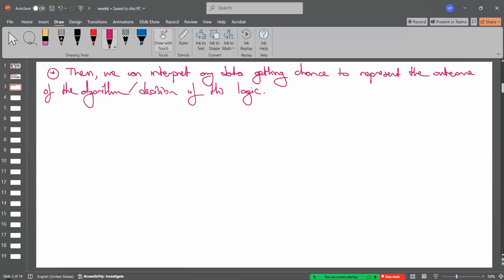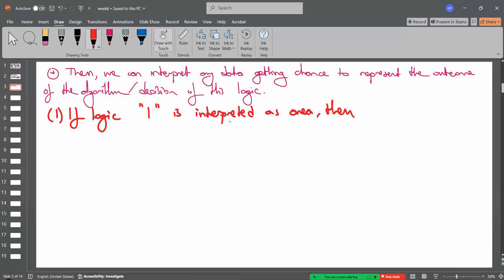If the logic is interpreted as an area or the probability rate of these terms, we should satisfy two conditions. First of all, if logic 1 is interpreted as area, then we must satisfy that the integral of p(x) dx must be equal to 1, okay?